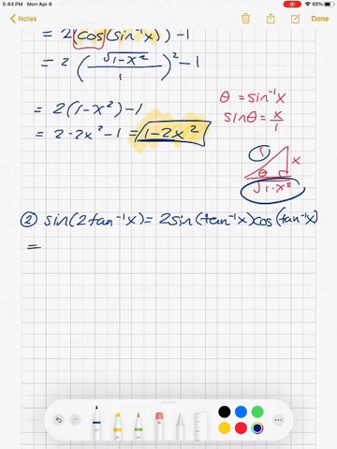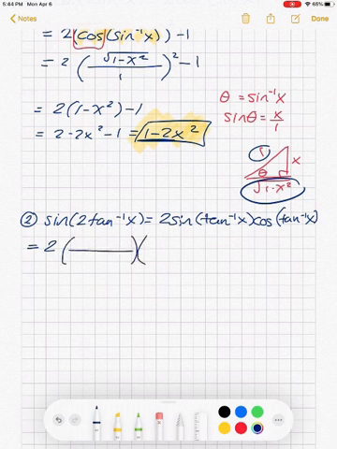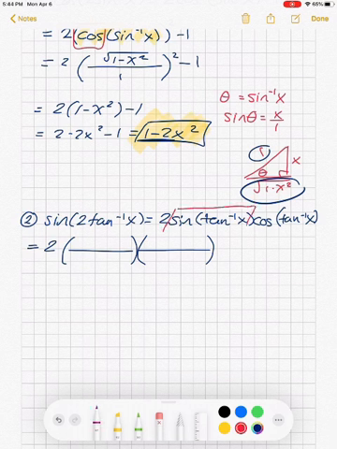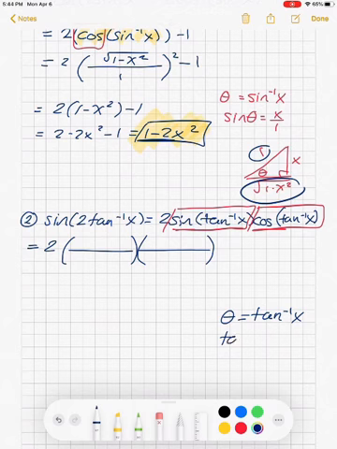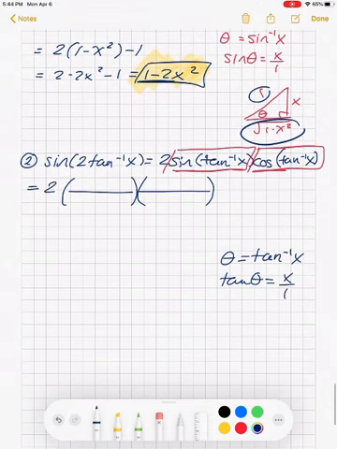Okay, so I'll have to find the two pieces of information, this guy and this guy. Of course, both of those I would use the same triangle.